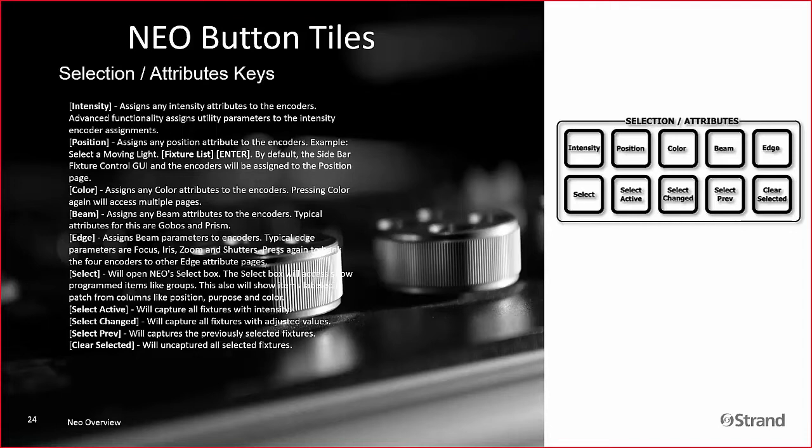The other thing that's important to understand about Neo is that these attribute families can be customized. So you can determine what parameters, if you so choose, go into the beam family and what goes into the edge family, and so on. It's a very, very flexible, customizable system.